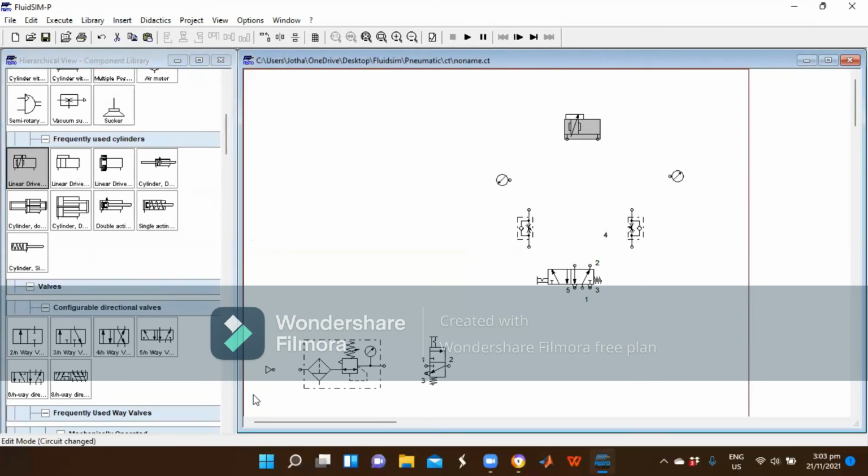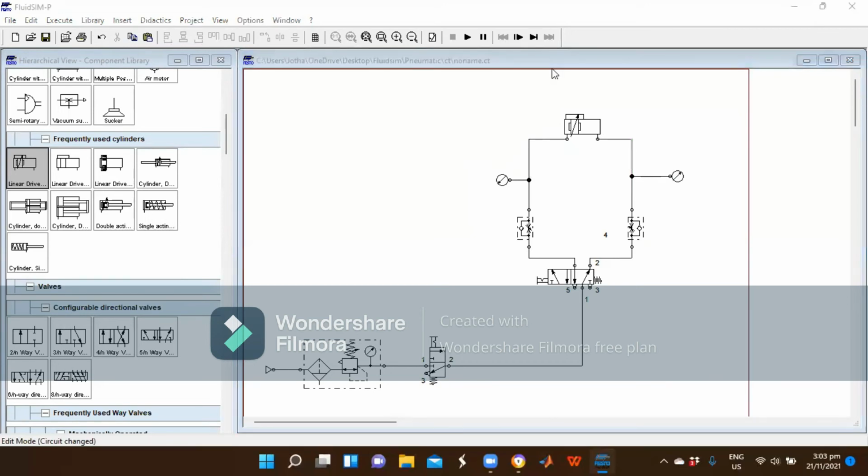Then we will connect it all. Then we will run the simulation.